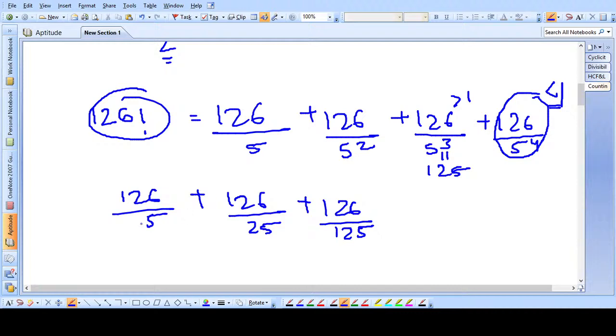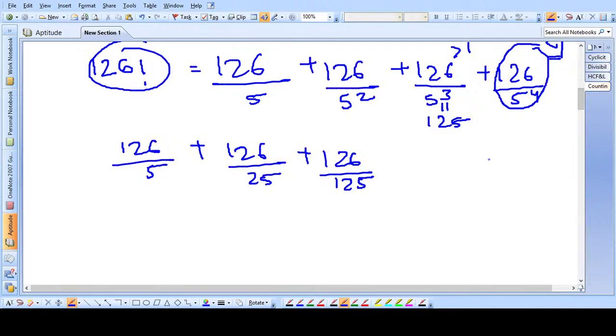Now let's start dividing, and don't worry about the remainder. If you divide 126 by 5, 2 times is 10 and 26, so 5 times is 25 and the remainder is 1. Don't care about the remainder.